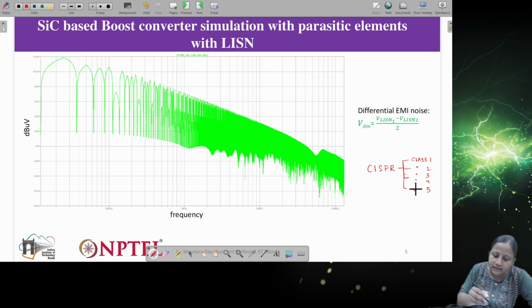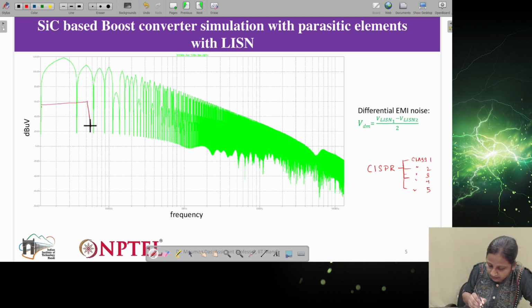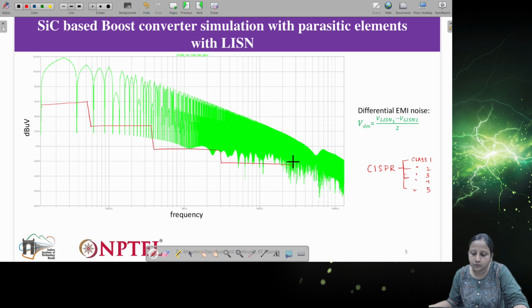So generally the standards are followed like this. It goes to a certain value and then it follows like this, it goes on, right? Now let's say we are selecting class 4 or class 5.